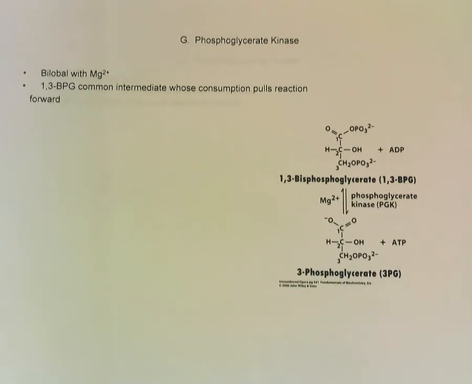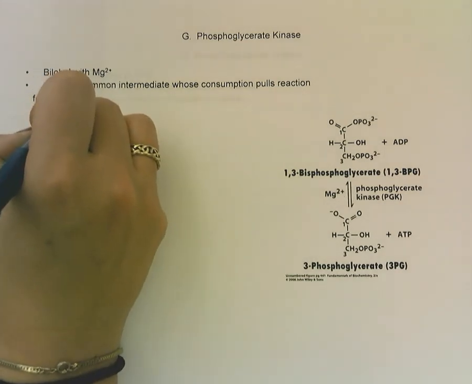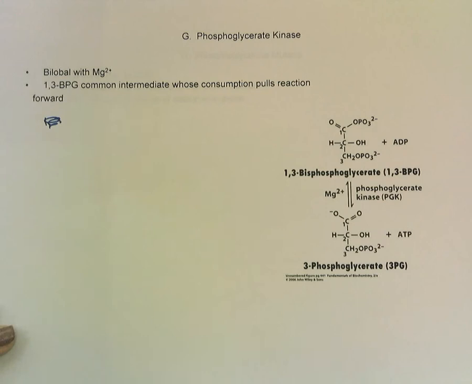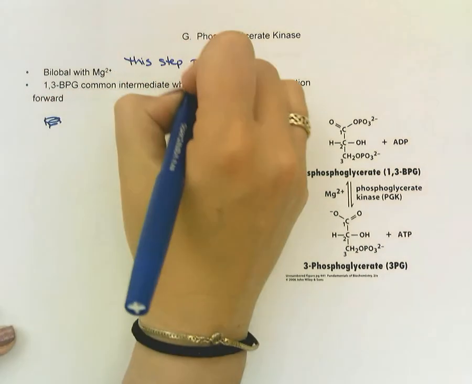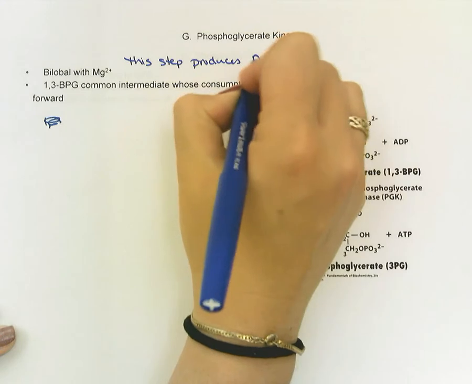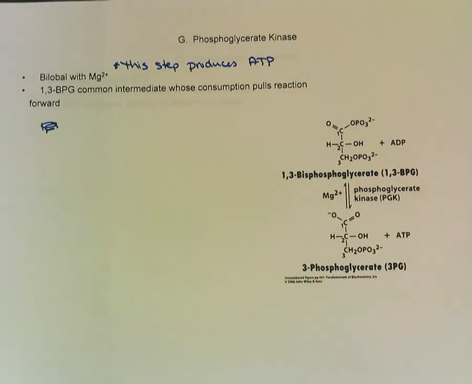This is our first step where we can cleave off one of those phosphate groups to get some energy return on our investment. So this step is our first step in the second half that's going to produce some ATP for us.